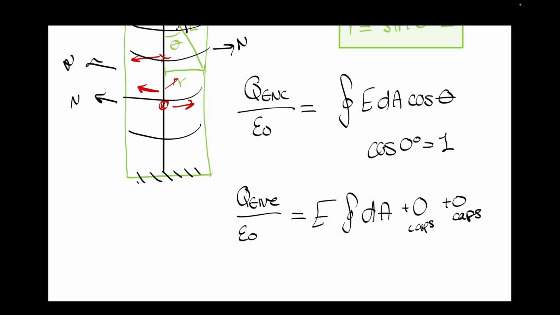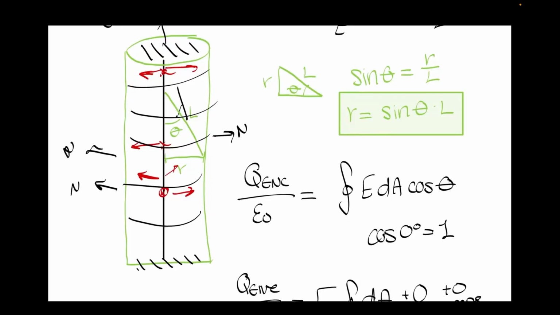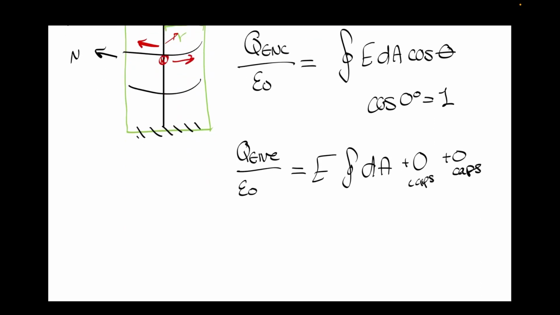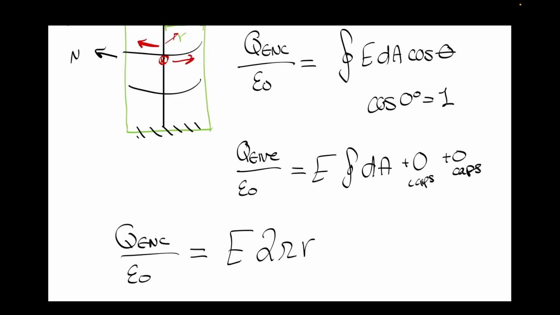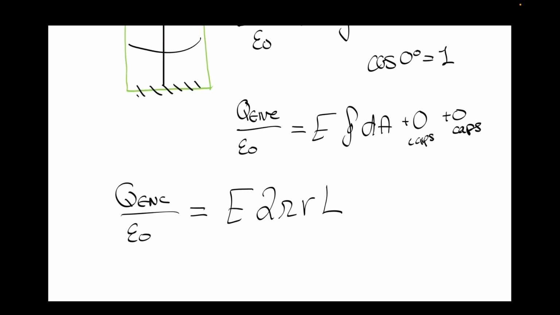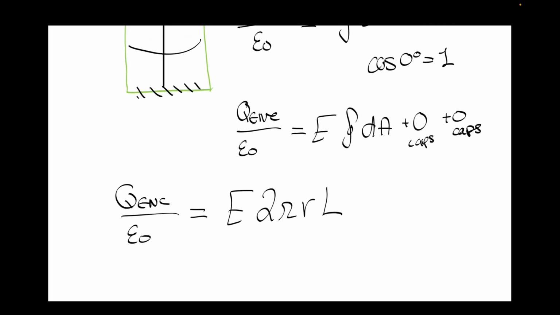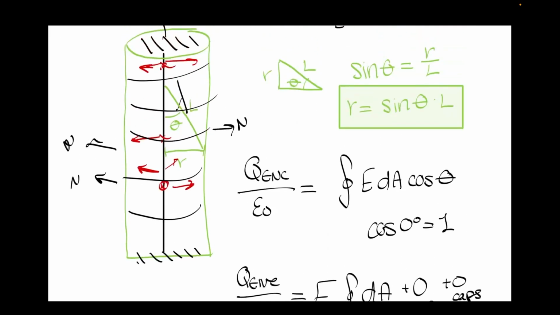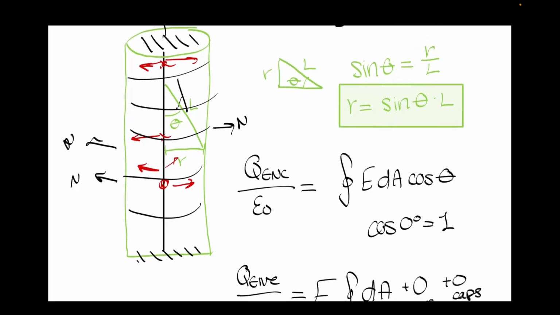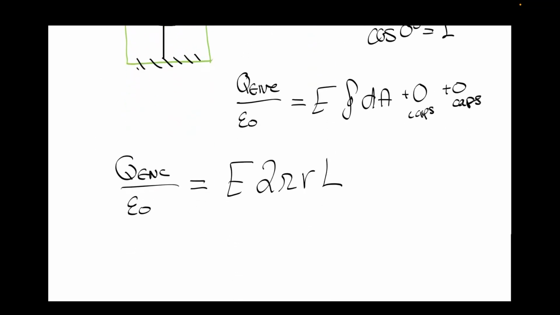We're talking about the sleeve. Well, what is the surface area of the sleeve of a cylinder? Let's write out Q enclosed divided by epsilon naught equals E 2 pi R L, where L is pretty much the height of our Gaussian surface.